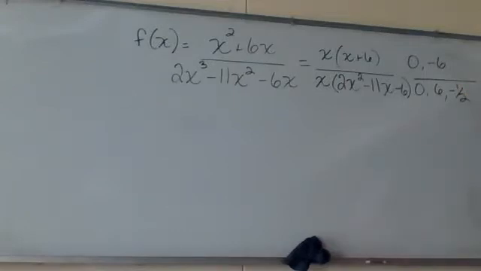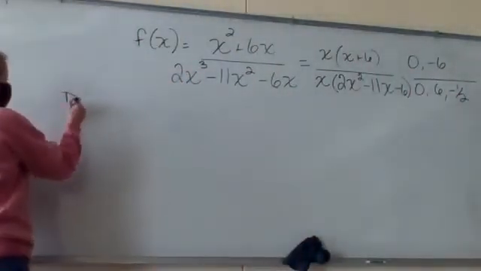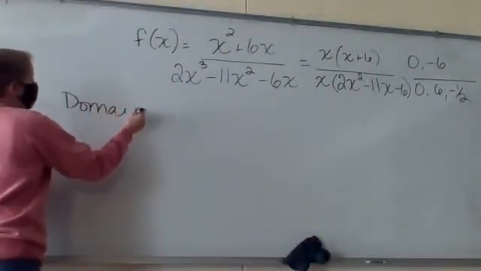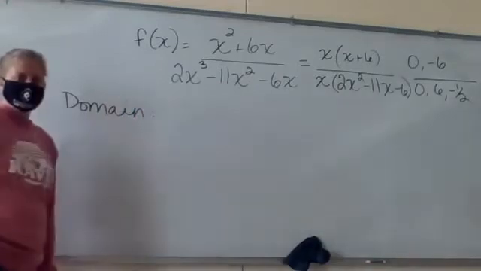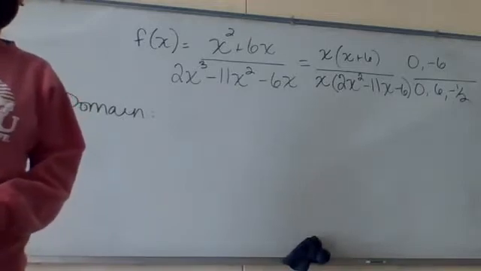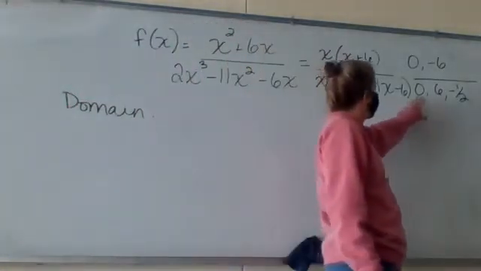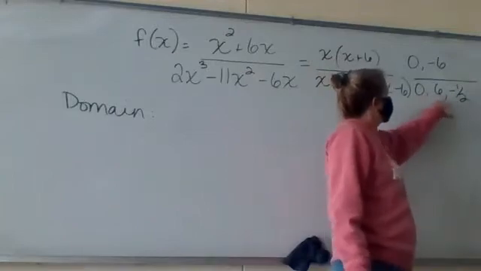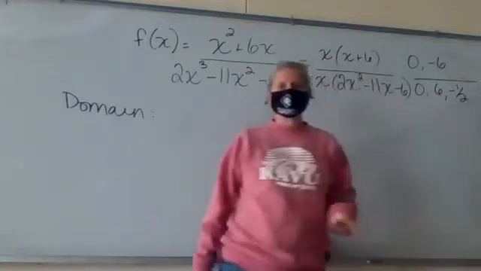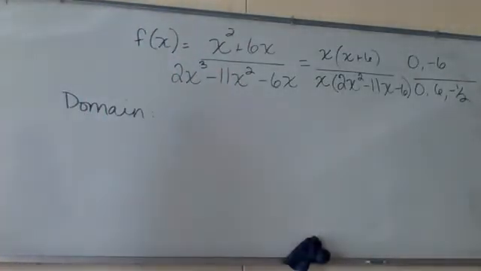All right, so let's use this information to answer all the questions. Remember, the first question is what is the domain of this function? The domain comes from the zeros of the denominator. If you've already done that, you know that these three numbers need to be excluded from the domain of this function, which means not included.